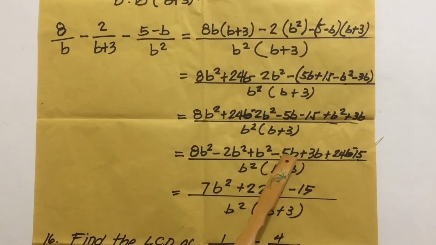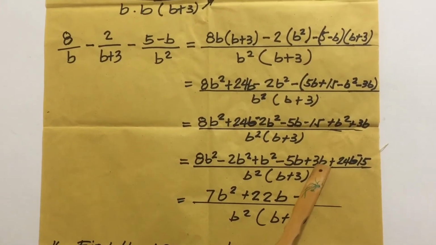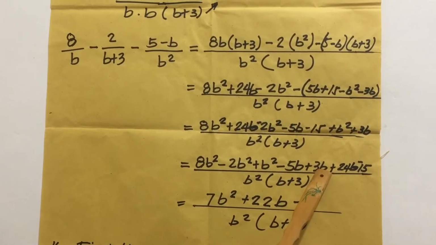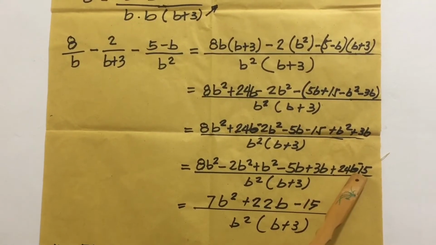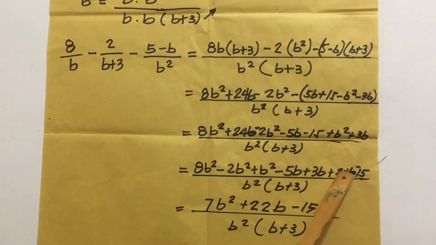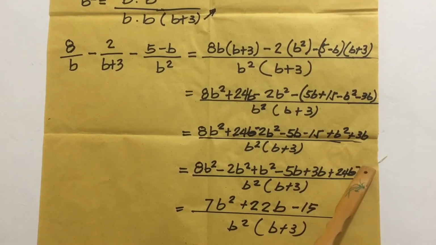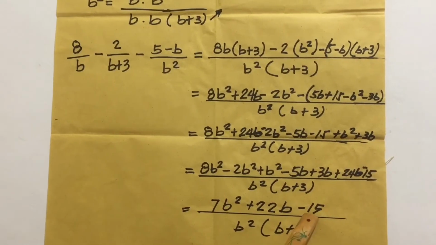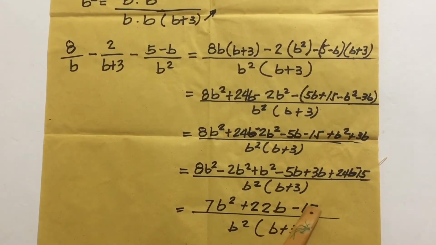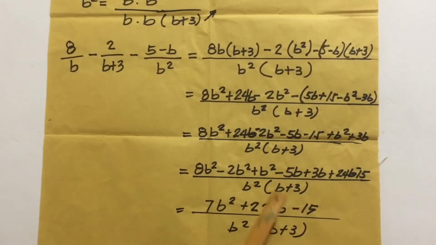Then negative 5b plus 3b, and we also have 24b here. So combine 24 plus 3 minus 5, we have 22b positive. And negative 15 is the only constant, just copy negative 15 and copy the denominator.